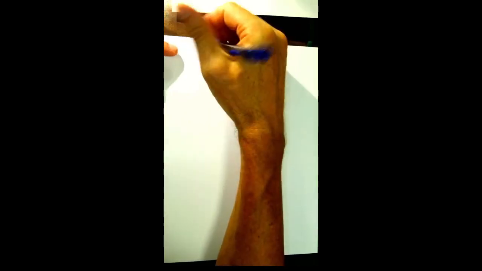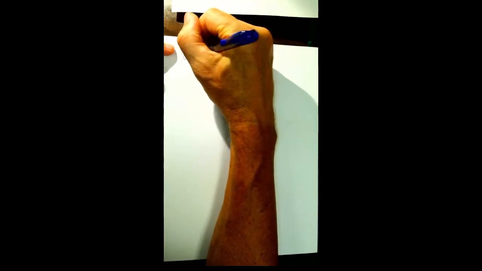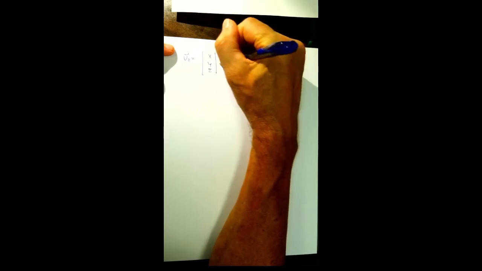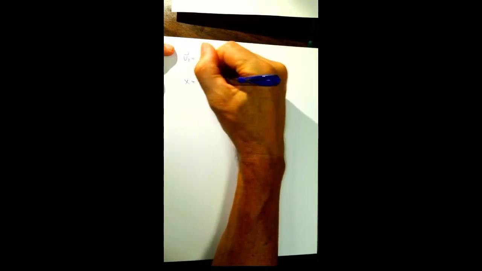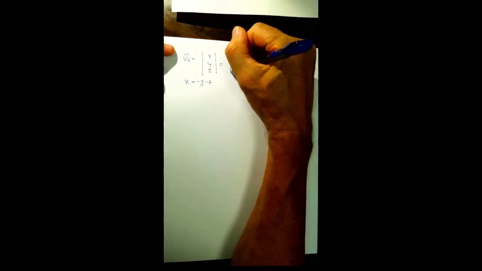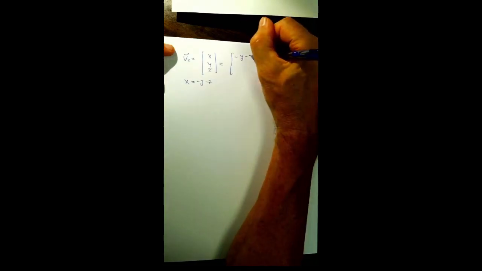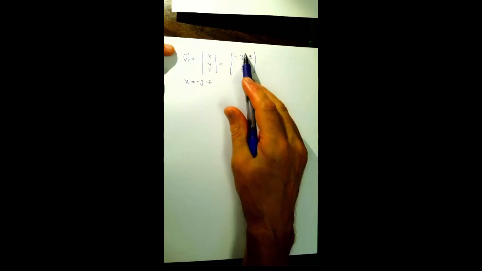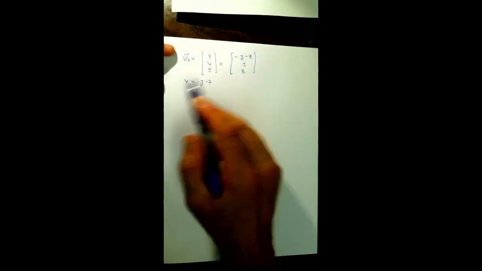All right. So my solution then for v2 is x, y, z. And we just said that x equals minus y minus z. So I replace that. Notice I have two unknowns. y and z could be anything.